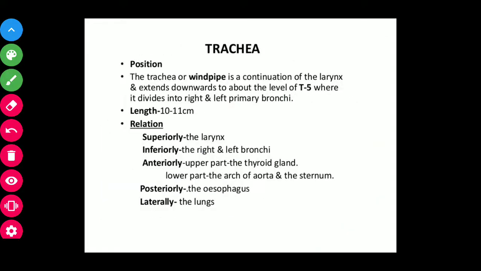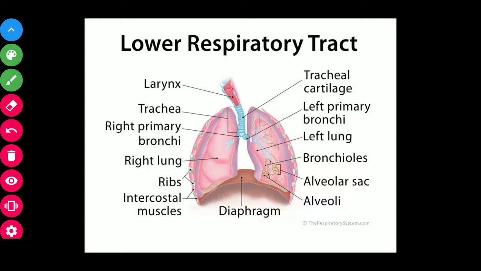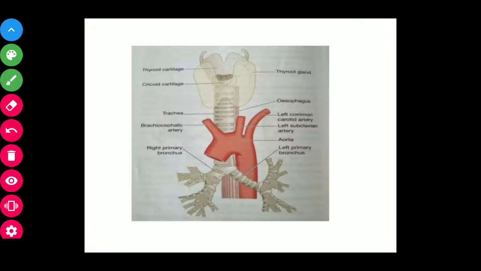What is the trachea? The upper portion is a continuation of the larynx. So this area is the trachea. The trachea is also called the windpipe.